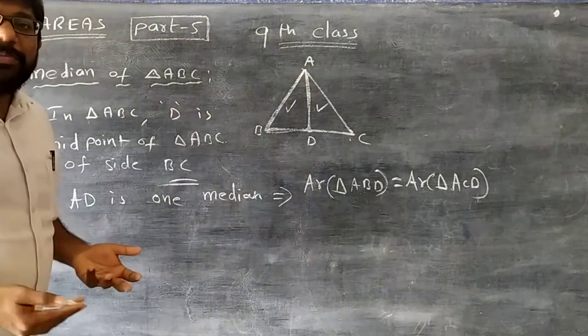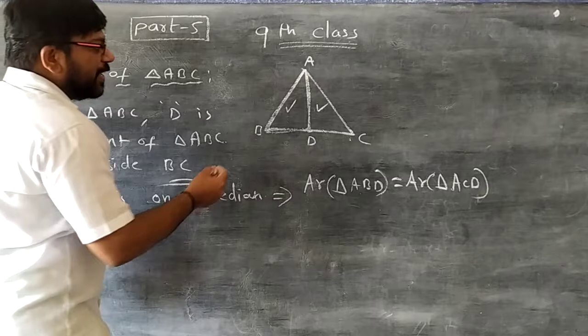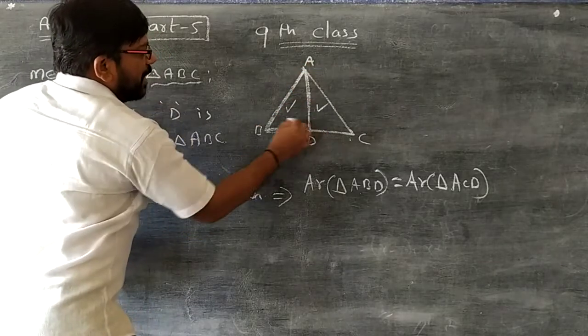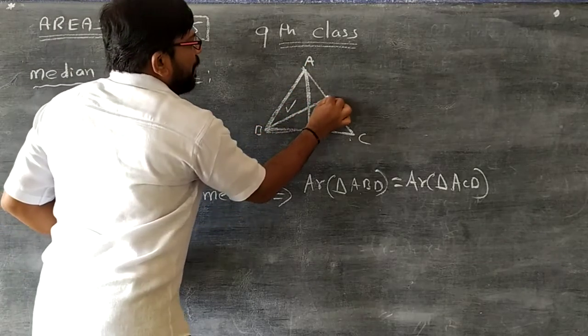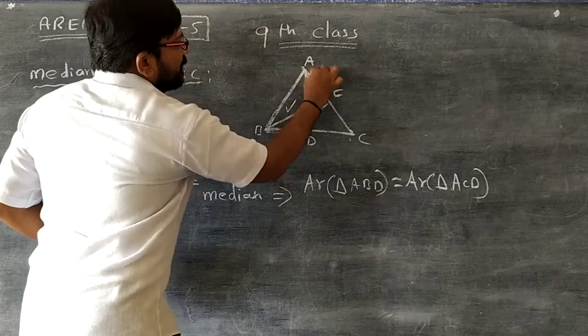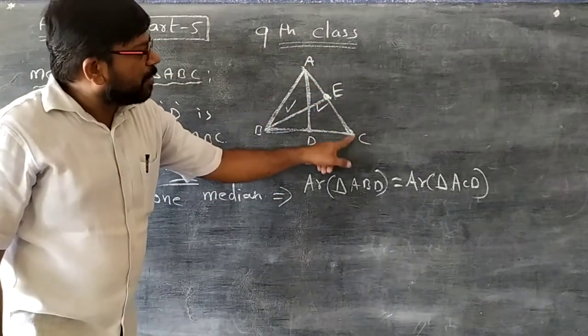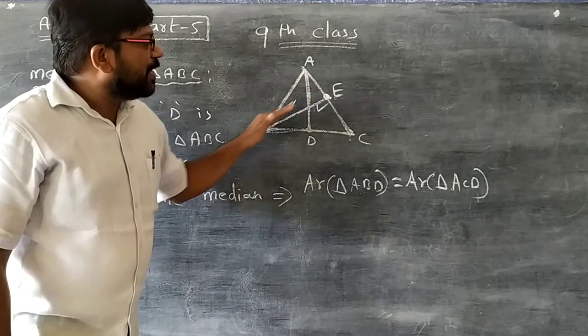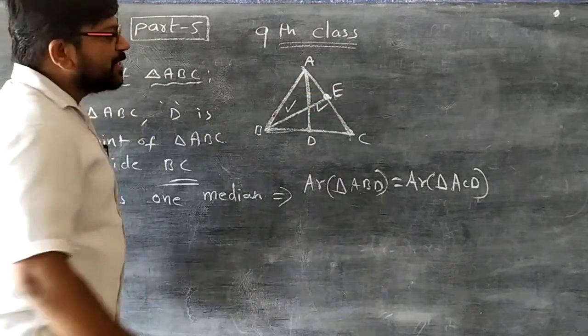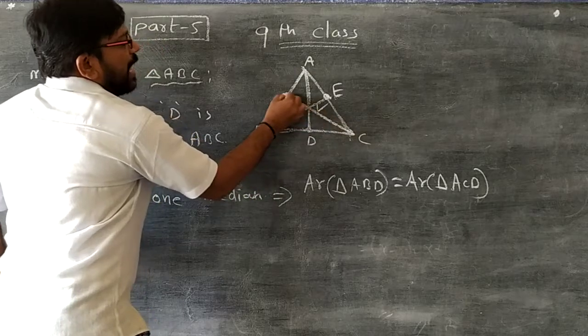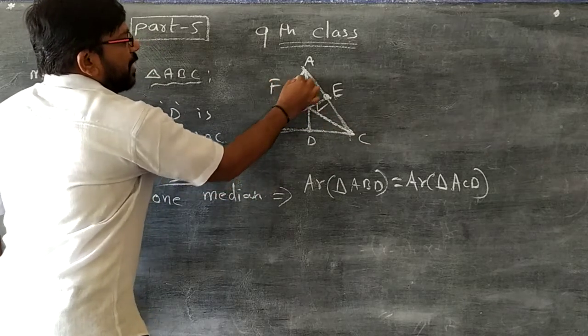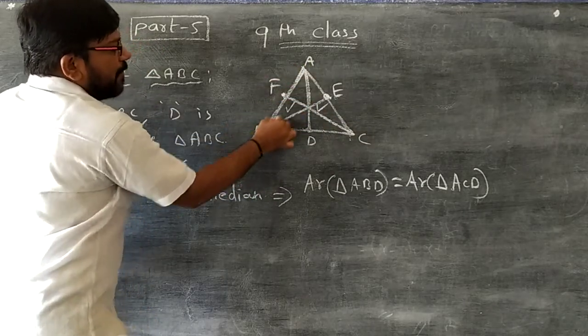And how many medians can we draw in a triangle? Three medians. The first median AD, the second median BE. Here E is the midpoint of AC, so BE is another median. And CF is the third median. F is the midpoint of AB.